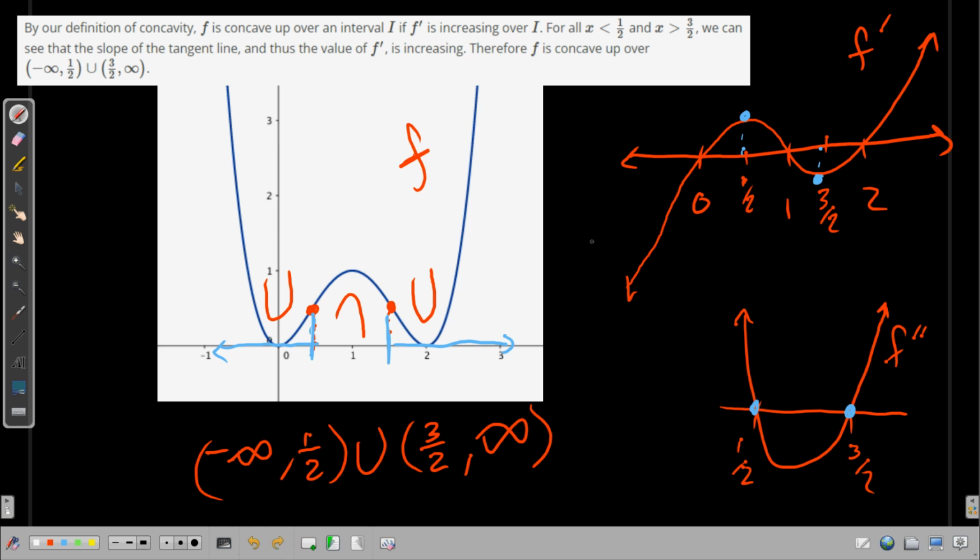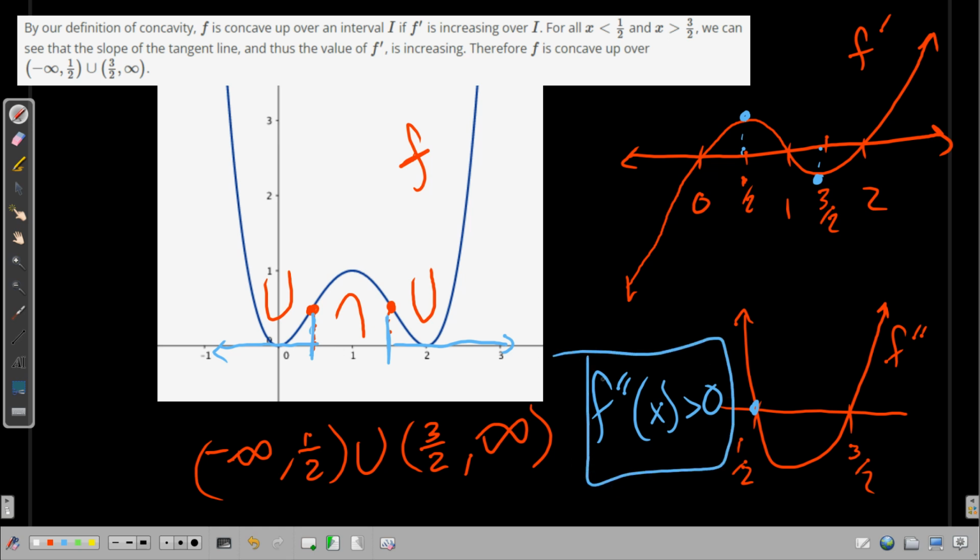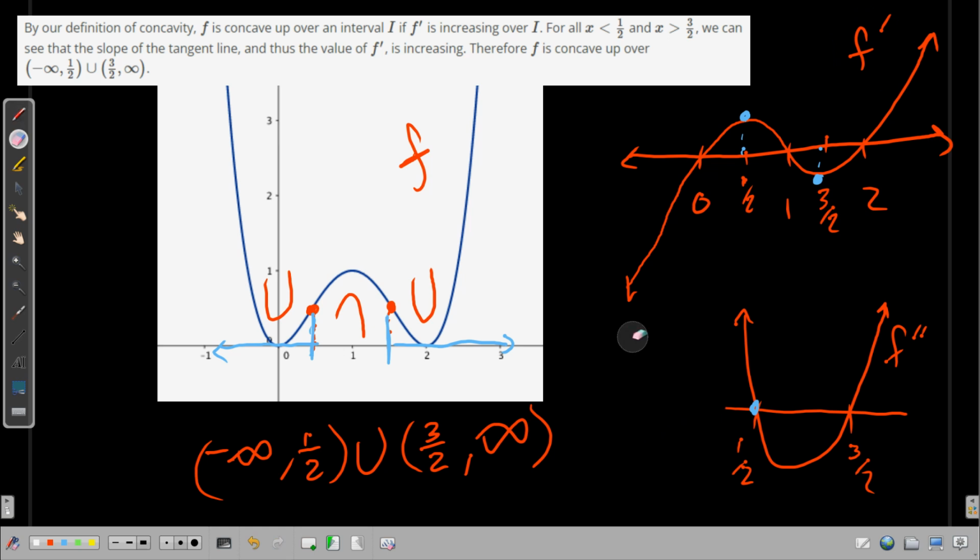This definition boils down to the same exact thing as saying that the second derivative is positive. That's what it means to be concave up. If this is positive, that's the same idea as f prime is increasing. So it's precisely the same, and so this definition is fine.